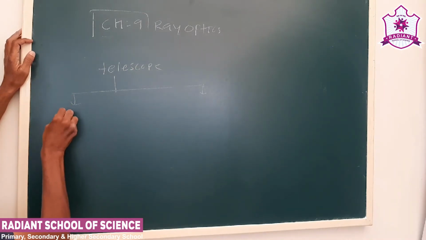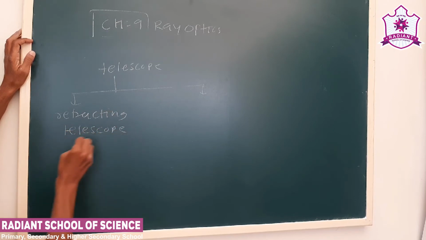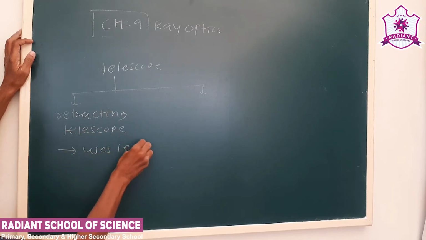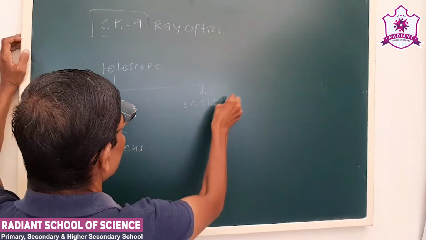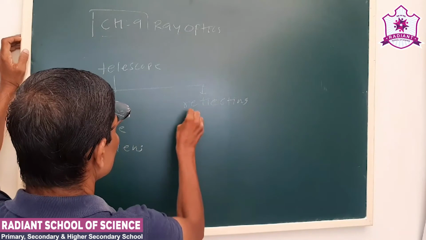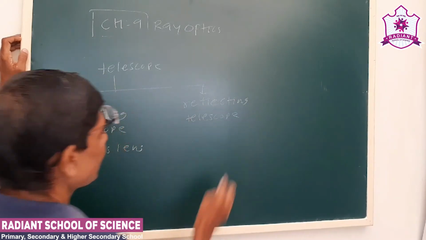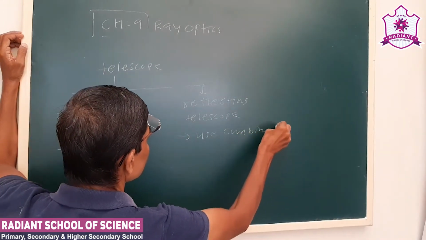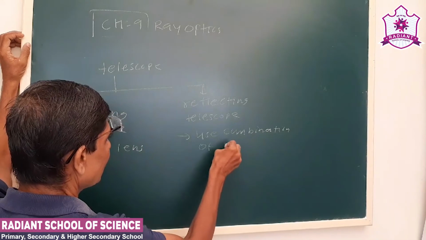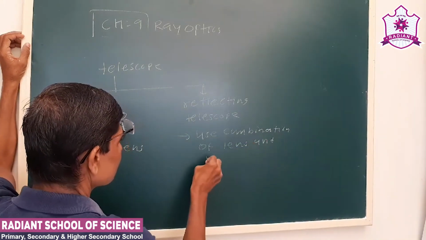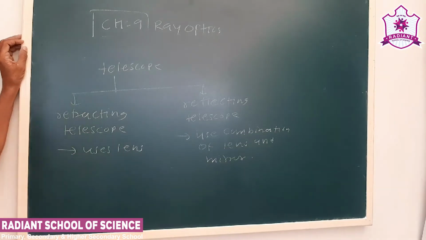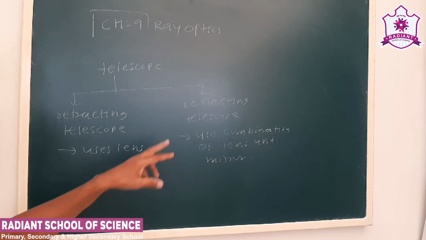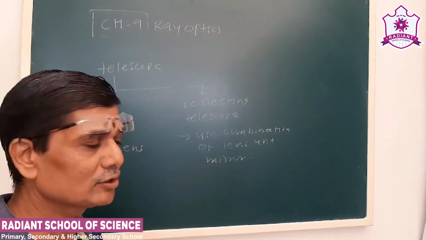One is a refracting telescope, which uses lenses, and the other is a reflecting telescope, which uses a combination of lens and mirror. The refracting telescope uses only lenses, whereas the reflecting telescope uses both lens and mirror.